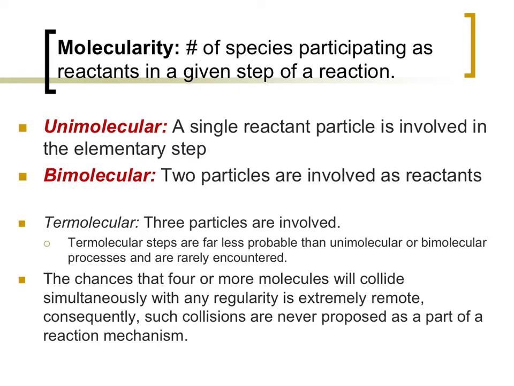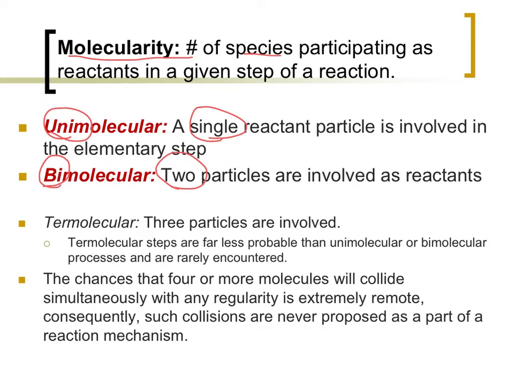The number of things that need to collide is known as the molecularity, the number of species or reactants that must participate in the reaction. So if something is unimolecular, that means that it's just a single reactant, maybe a decomposition reaction, for example. If something is bimolecular, that means we have two particles that must collide. A little bit more common.